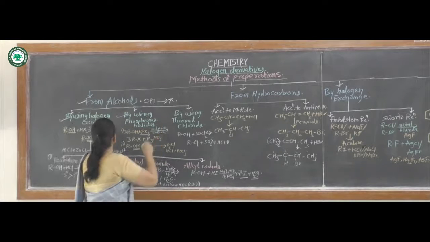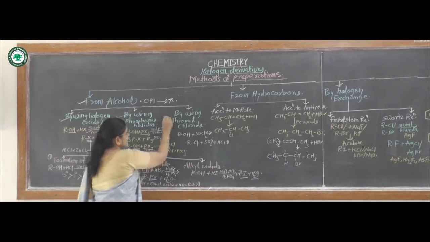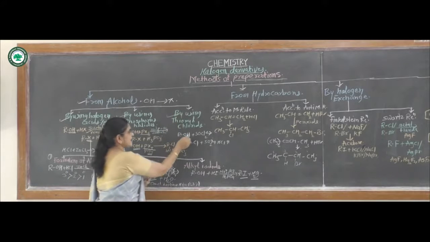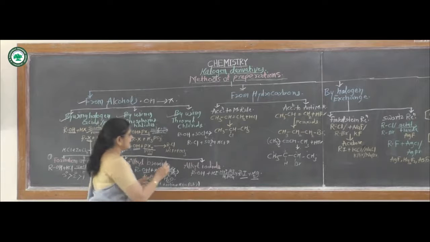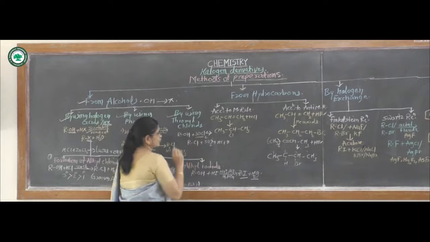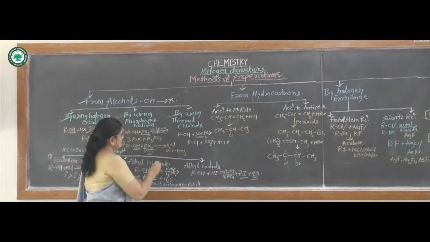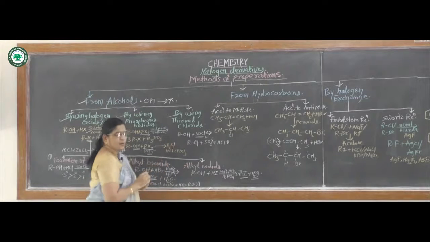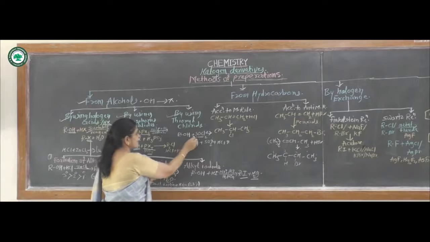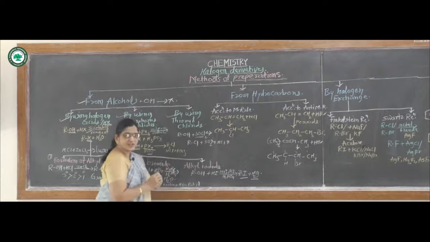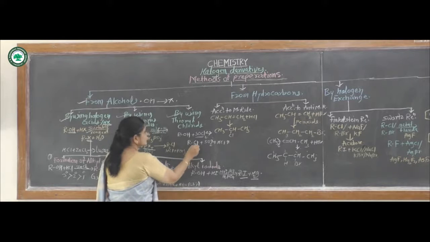Then the third method from alcohol is by using thionyl chloride. The formula of thionyl chloride is SOCl2. If the alcohol, with general representation ROH, reacts with thionyl chloride, SOCl2, on heating it gives alkyl chloride.